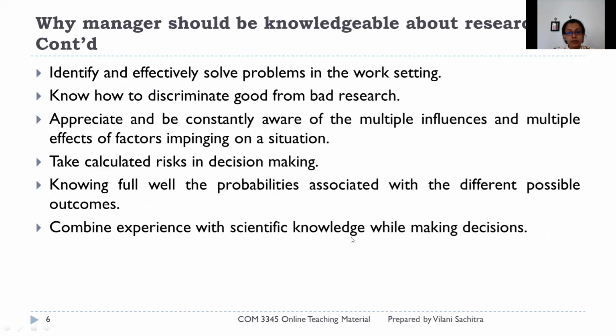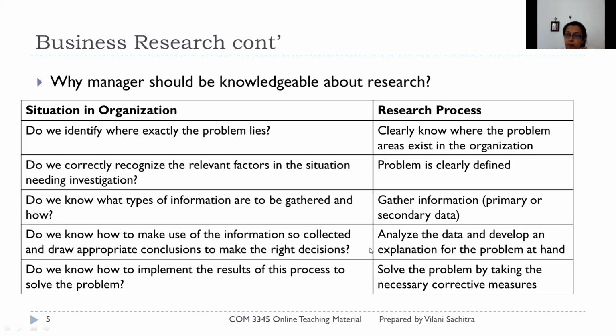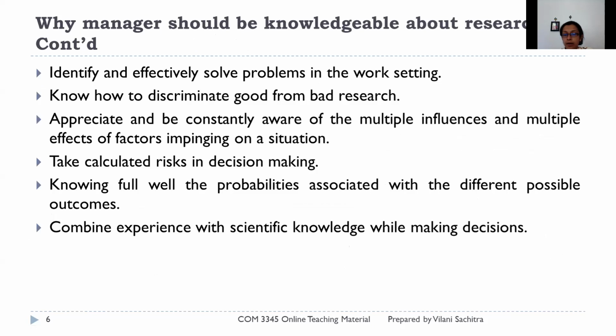Our next issue: why should a manager be knowledgeable about research? The previous one explained how research is applicable in an organization situation. Now I let you know why a manager should know about research because of these benefits. What are the advantages?